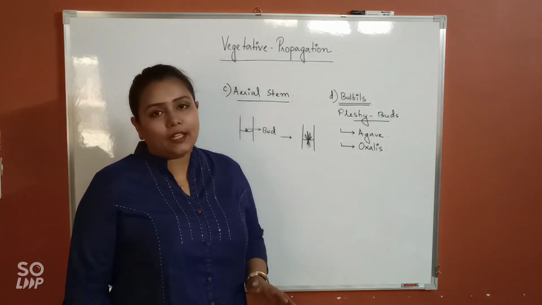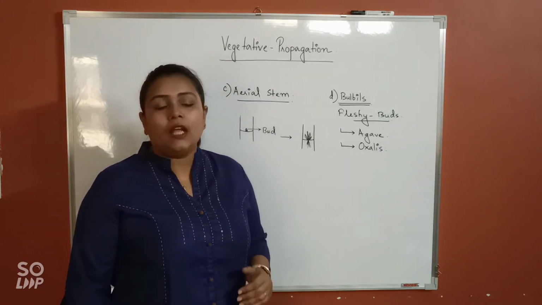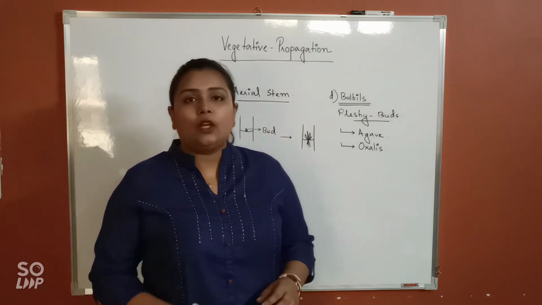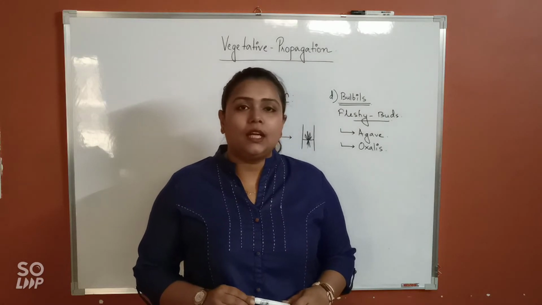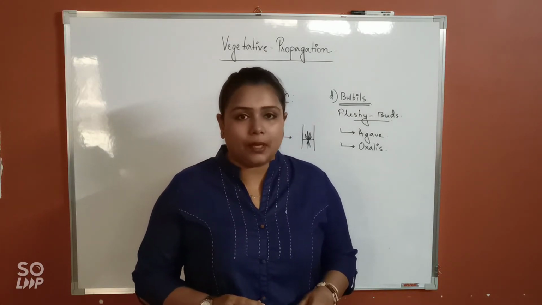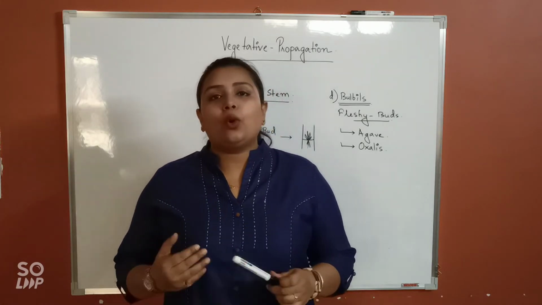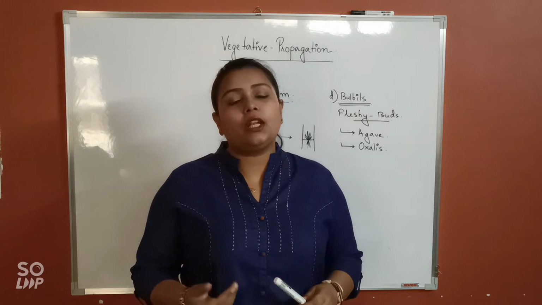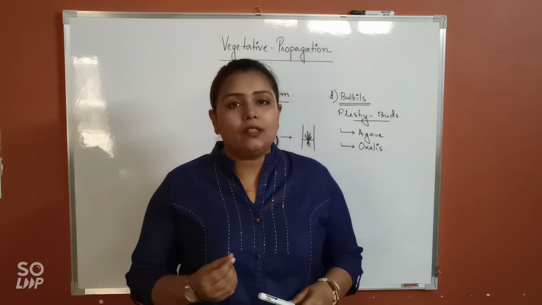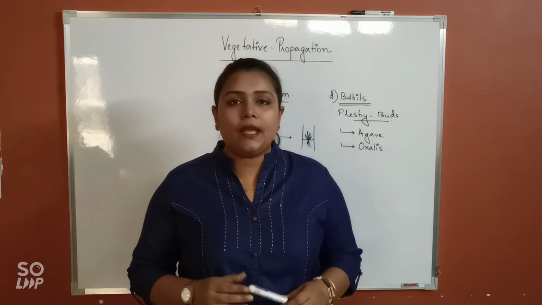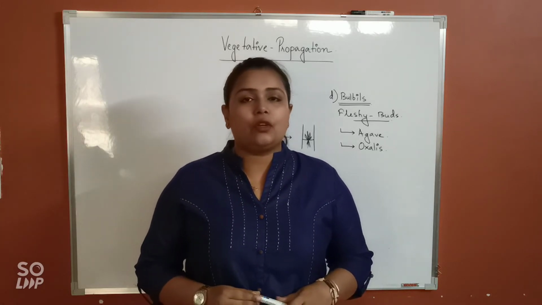Now, regarding stem, we have done our discussion. Let us move on to the other parts, that is leaf and root. One thing I would like to mention here is that leaves and roots usually are not meant for bearing buds. So very occasionally only certain plants which have an exceptional way of bearing buds in their leaves or roots will be able to participate in this vegetative propagation process.